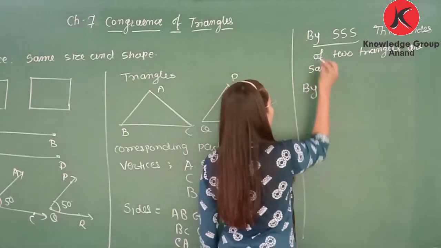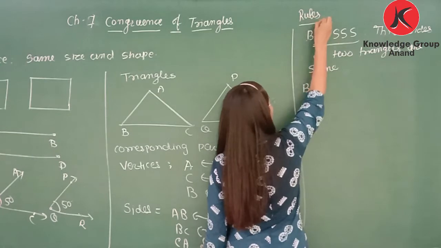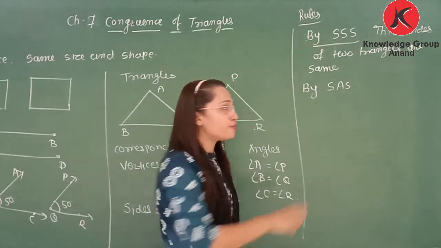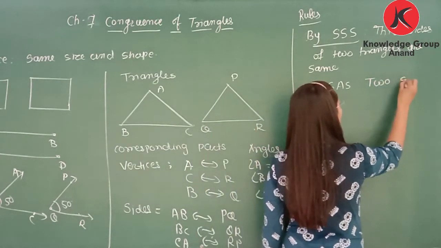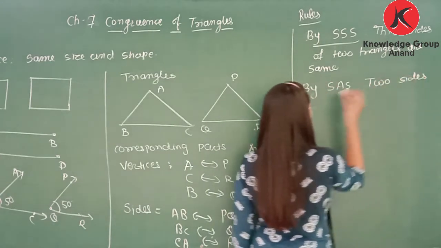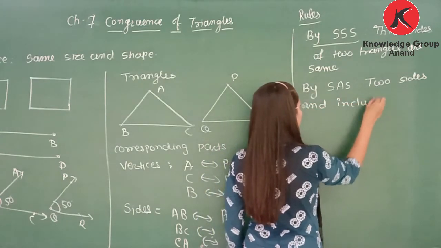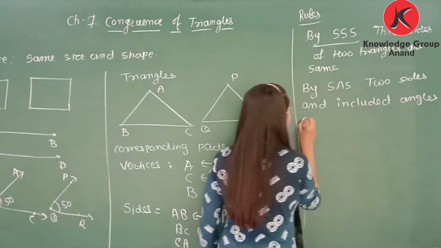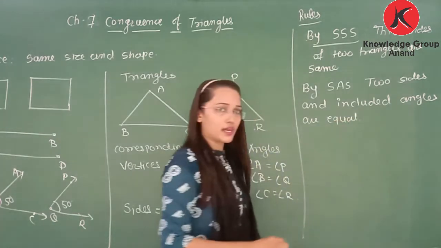After that, we learn SAS criteria. If two sides and their included angle of two triangles are equal, then we can apply the SAS criteria.